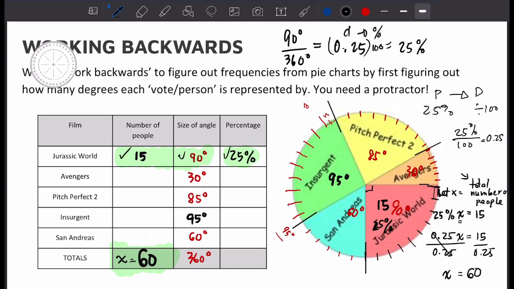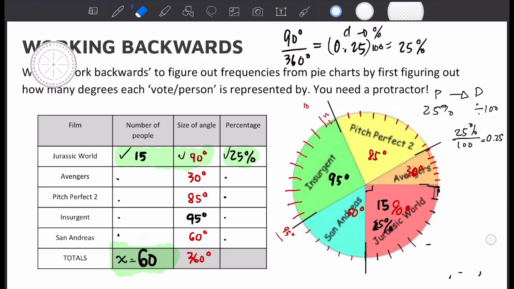Now, how do we fill out the other areas? Well, you need to calculate the percentages for the other movies. So I'm going to help you. Let's do one. I'm going to erase this. So how are we going to do this one? 30 degrees.